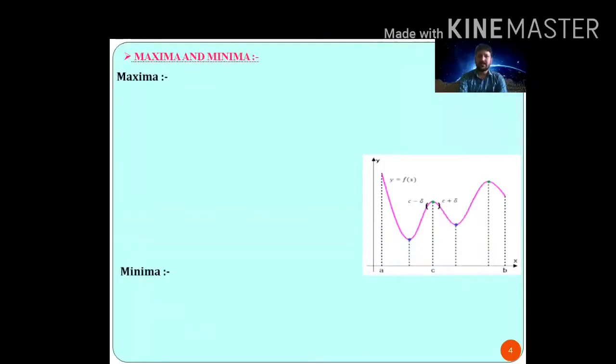Let us see a curve y is equal to f(x). If you observe the graph of the function, it is decreasing, increasing, again decreasing, again increasing, in this way. For such a function, to determine its maximum or minimum value, check here.